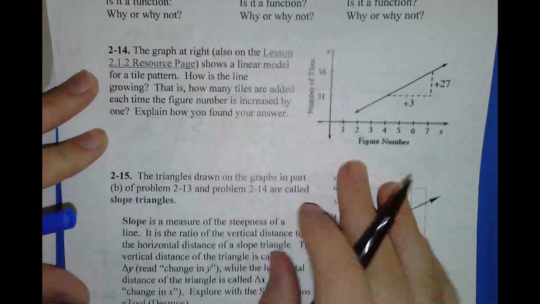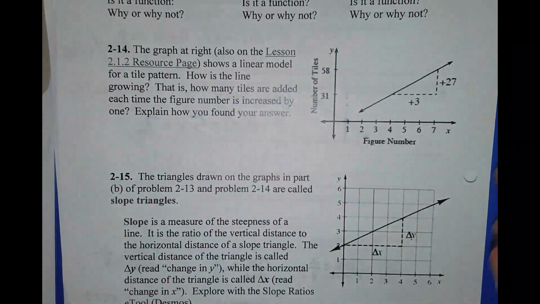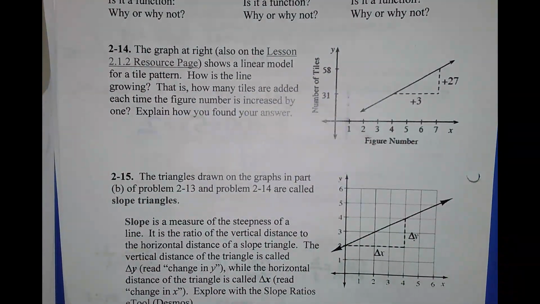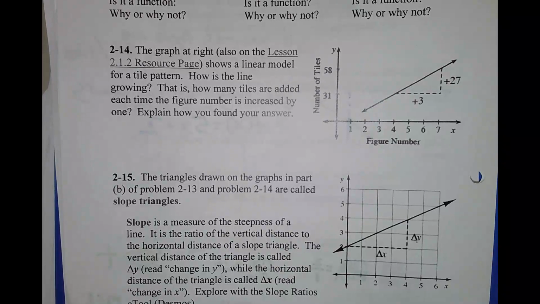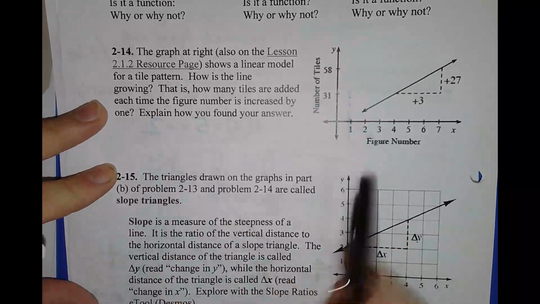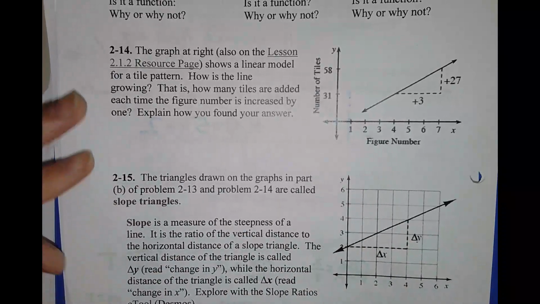Find this in your packet. We're going over 2-14, and we're going to finish this right here as well, just to check our work and to make sure that we have the correct answers for these problems, preparing us for any upcoming quizzes or tests.